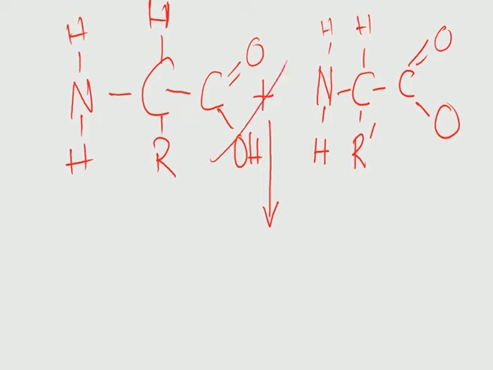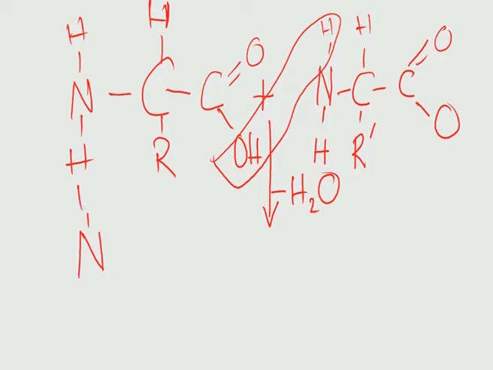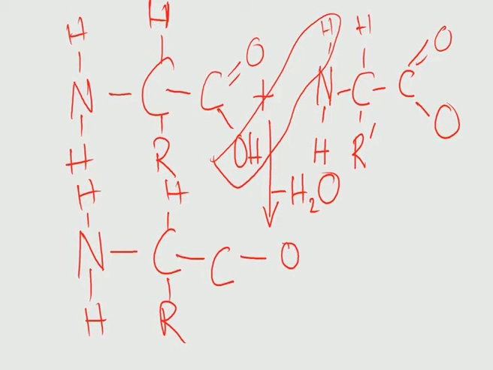So, when these 2 amino acids react, this will lead to one water molecule, and then you can start writing it from left to right. This is N terminal, this is C, this is H, this is R, this is carbon, and you have this oxygen, this is nitrogen, and this is H, this is carbon, this is hydrogen, this is R prime.